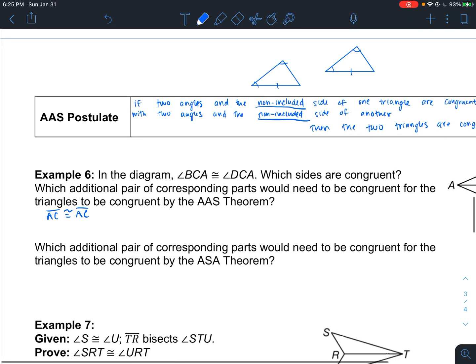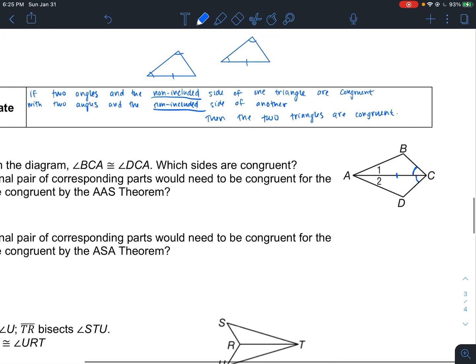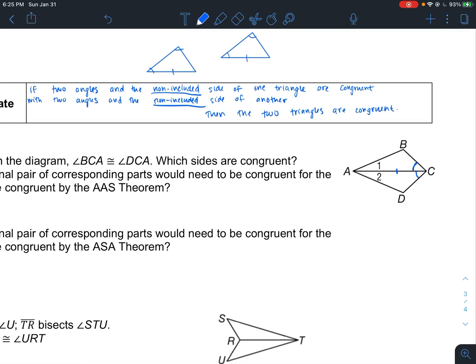So those sides are congruent, and that's pretty much all that we could really say at the moment. Those are the only sides that we know for sure are congruent. We don't know if BC is congruent with CD. We don't know if AB is congruent with AD.